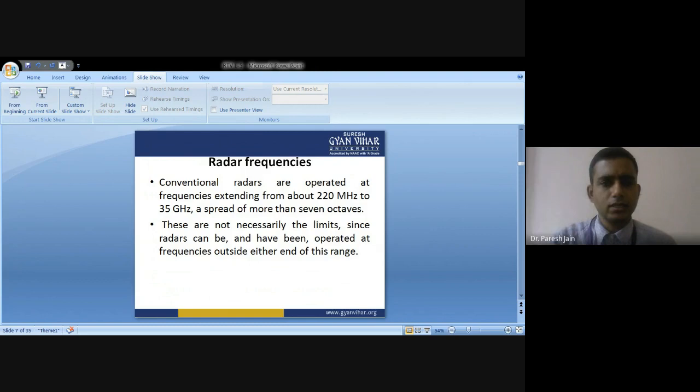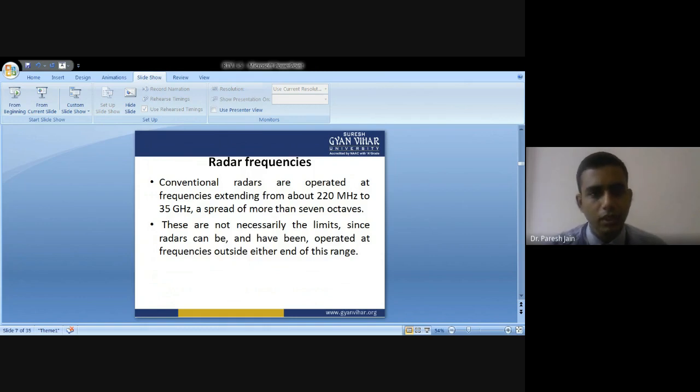In the next slide, we have some nomenclature designated for particular radar applications. This is the figure of the electromagnetic spectrum comprising all the bands specified for radar frequencies or radar bands.